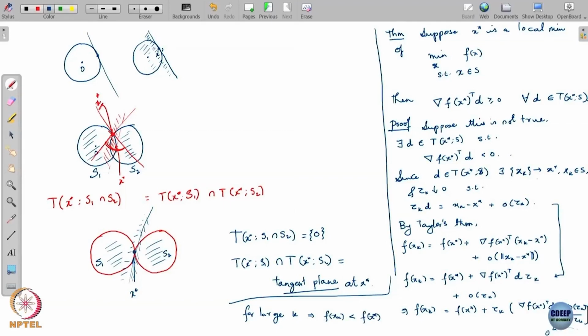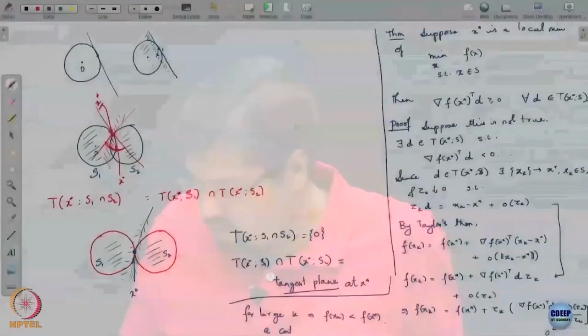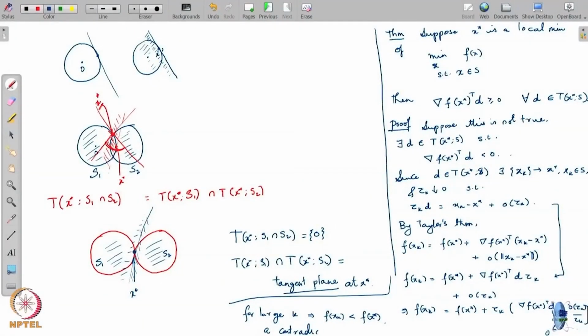But x k converges to x star, and for large enough k, f of x k becomes less than f of x star, so it cannot be that x star is a local minimum. So this is a contradiction, which means that this must be the case.